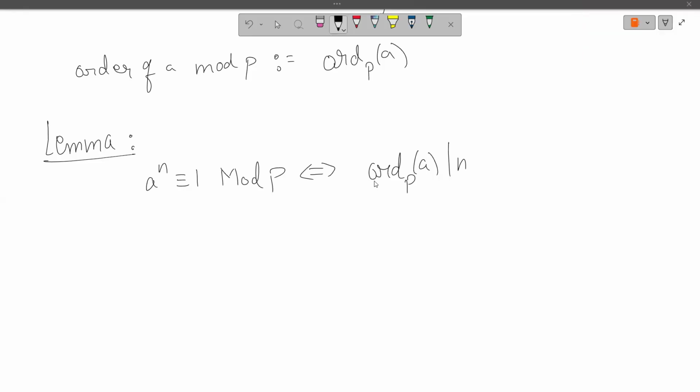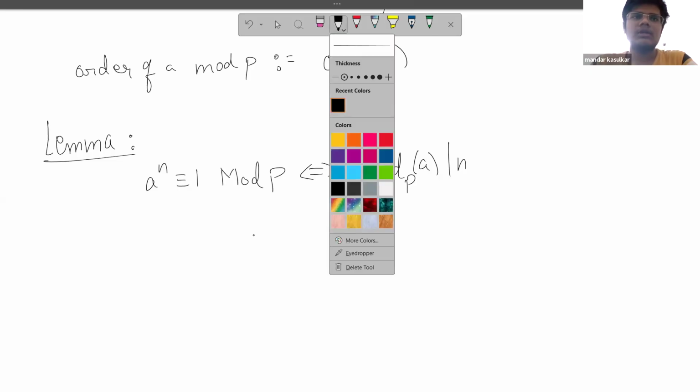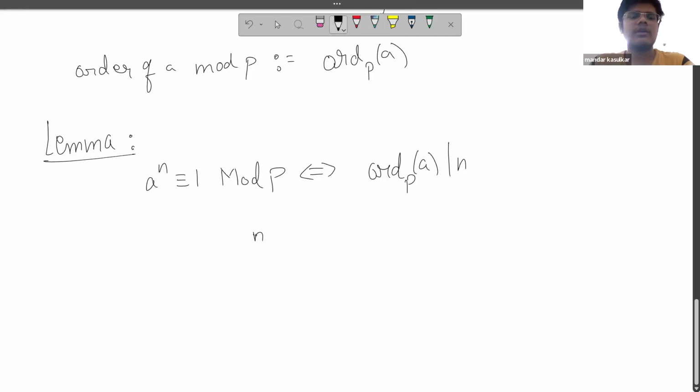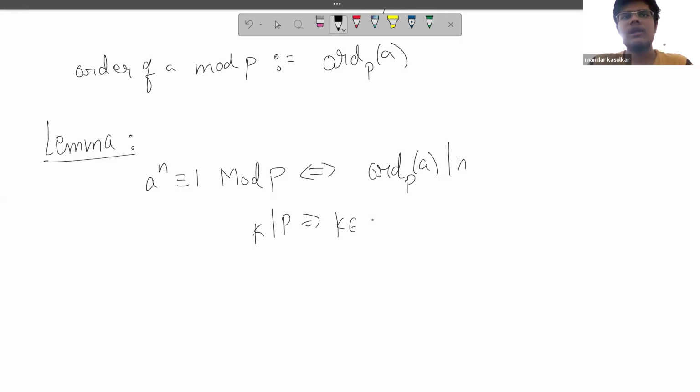The only factors of p are 1 and p itself, so d not dividing p is kind of a weird condition. If some k divides p, that implies k is either 1 or p.